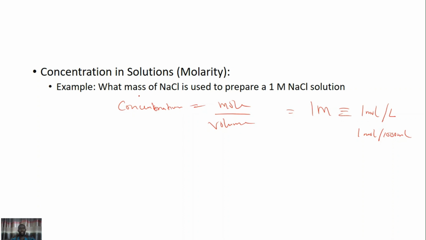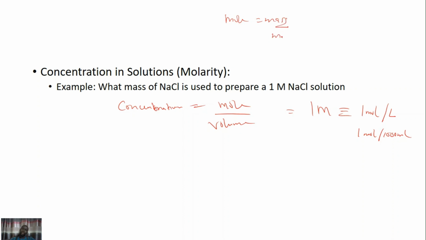So you may be asked to calculate the mass of a substance that will help you to prepare a particular concentration of the solution of that solute. Like in this case, they ask what mass of sodium chloride is used to prepare a 1 molar solution of sodium chloride. What it means is, what's the mass that you use to prepare 1 mole per liter, meaning 1 mole in 1 liter. So what we need to do is to calculate the mass using the equation mole is mass over molar mass. This formula is very famous and you need to know it.